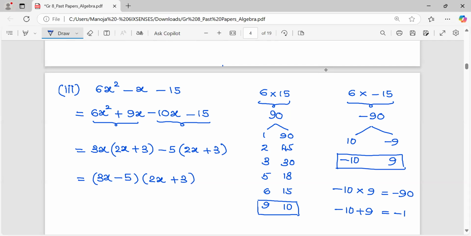Negative 10 and 9 gives me negative 90 and also negative 1 in the middle, negative 1x. So I wrote positive 9x, negative 10x, and I segregated 3x times 2x, 6x squared, 3x times 3, 9x. I take negative 5 out: negative 5 times 2x, negative 10x, negative 5 times 3, negative 15. That is done. Then 3x minus 5 outside the bracket, 2x plus 3 inside the brackets.